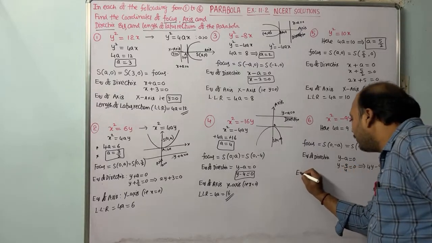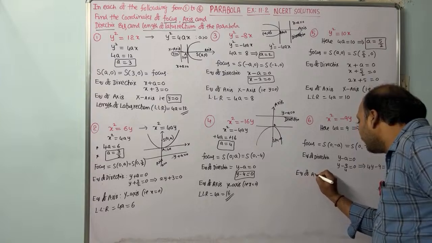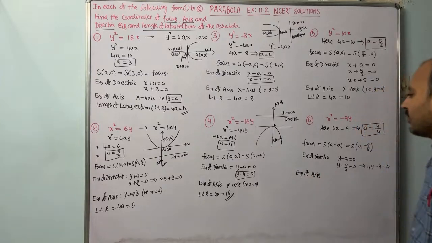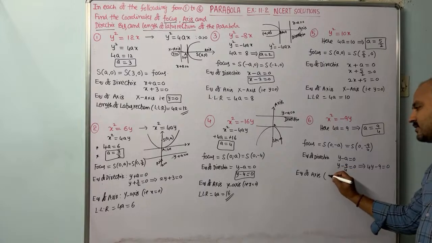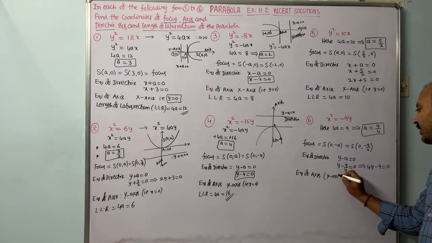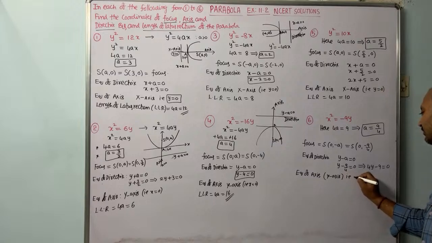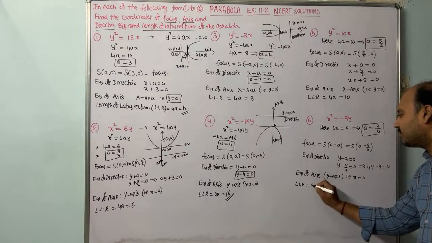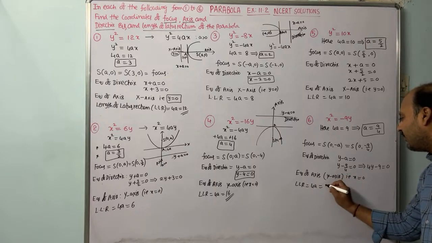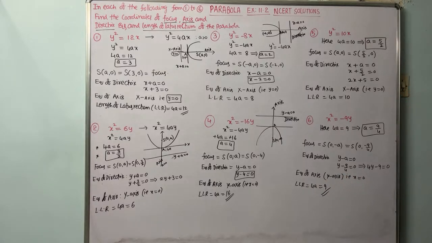Next, equation of axis. In brackets, you can keep it as y-axis. That is x is equal to 0. Next, LR, length of latus rectum. 4a. What is the 4a value? It is 9. Okay, dear students, I hope everyone understands. We will move to another set of questions. Slowly I will explain.